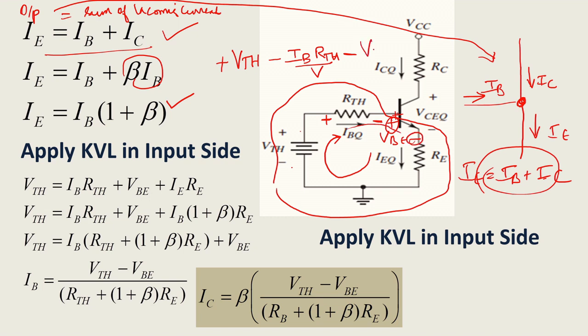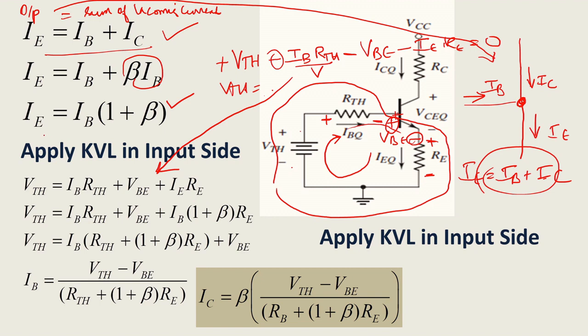So minus VBE. Now it is entering at a plus, leaving at a minus for this RE resistor. So what you get? Minus IE RE equals 0. So I am taking these minus terms all to the right side. So this equation will become like this, right? So VTH equals IB RTH plus VBE plus IE RE.